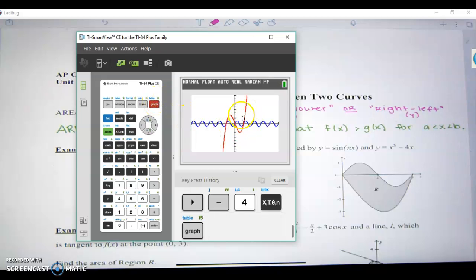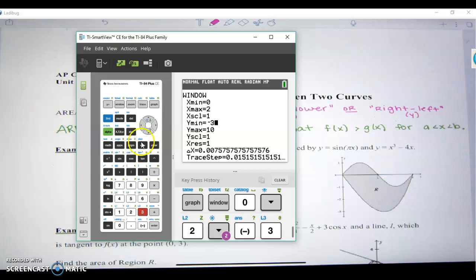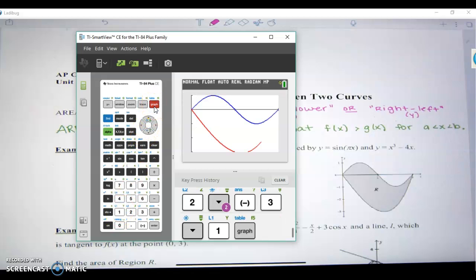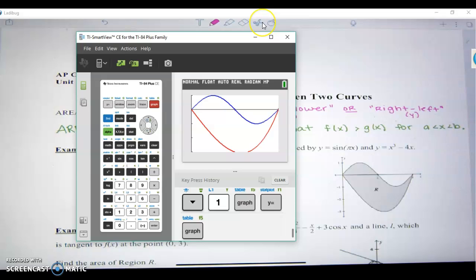Okay, so we're going to graph these. And see how this has a lot of graphs on here. If we make it look more like our graph here, we change our window: for the x values just from 0 to 2, and for the y values on the graph, from negative 3 to 1, just so it'll look like the graph that we already have. So there you go. If you don't know which one was which, the blue here is the sine x, and the red is the other one.